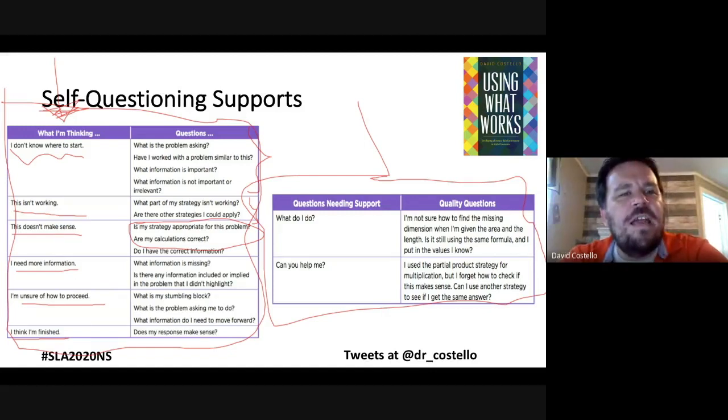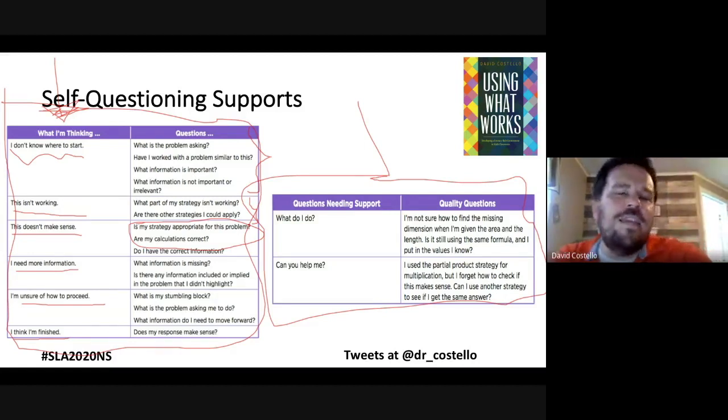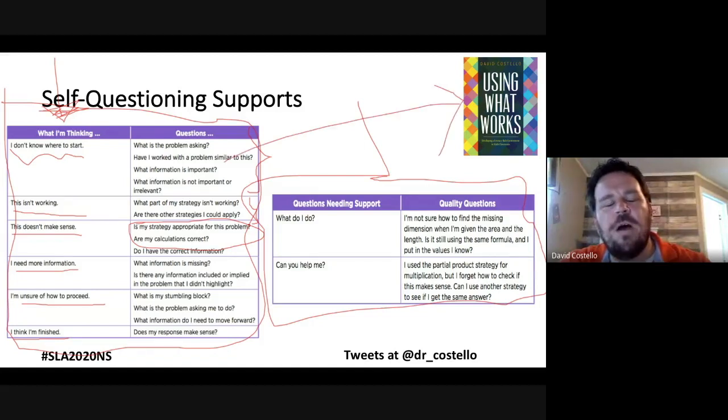As a way to support student self-questioning, families can be asking these questions to students when they hit stumbling blocks. And these are just some of the charts that I took from my work here, because I know that they have quite a bit of value added in that.